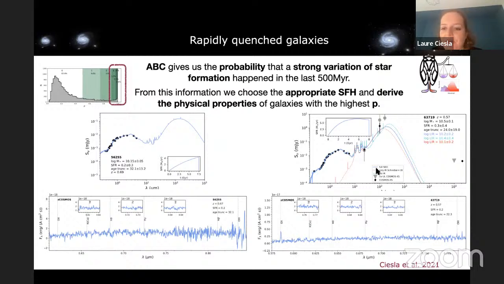And this galaxy is very interesting because you see that there is this strong quenching. You have the information from the SED modeling, you have the information from the ABC method, but you see there are some infrared measurements and also radio. So this is very interesting to understand what's going on here.